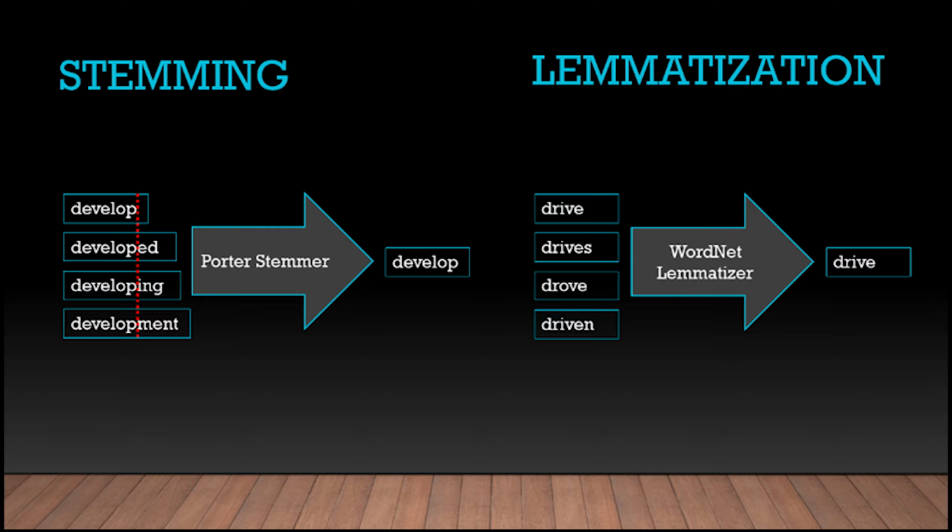Stemming is the process of reducing a word to its stem or root form, typically by stripping suffixes. For example, develop, developed, developing, development, all stem to develop. And lemmatizing, on the other hand, is reducing similar words to one word called the lemma. For example, drive, drives, drove, and driven all turn into drive.